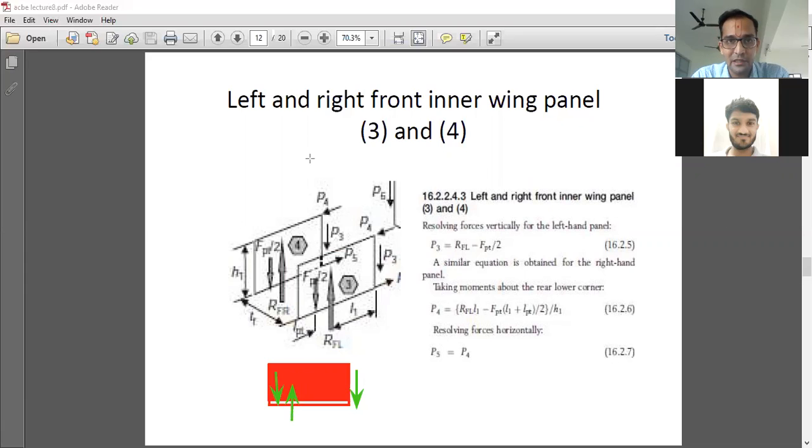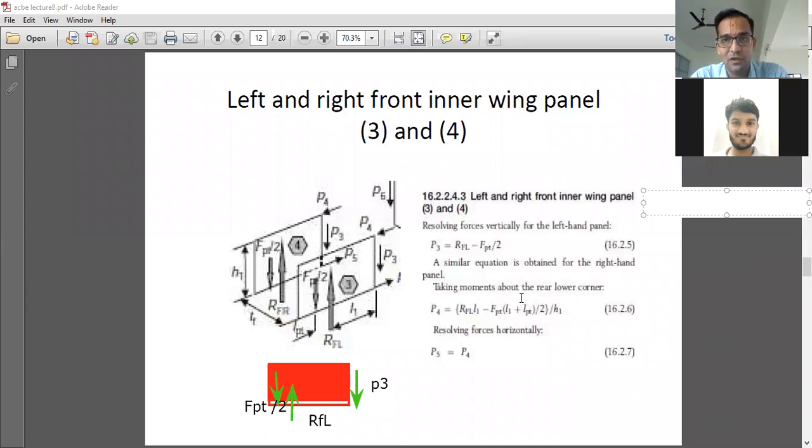So P3 is equal to the reactive load, which is RFL, and the other load available over here is FPT divided by 2. Why have I taken this one? Because FPT is the complete load available from the powertrain, and on this particular surface it is half. So this is the criteria we refer to.